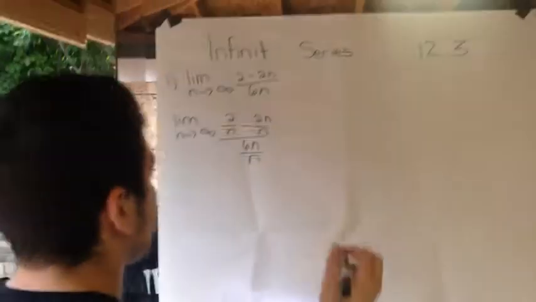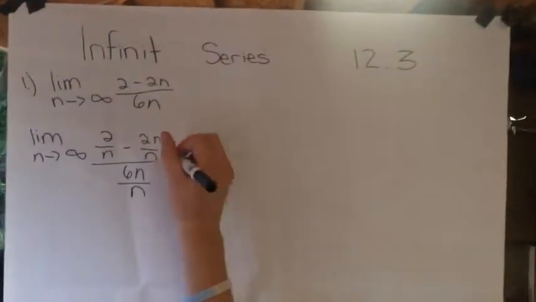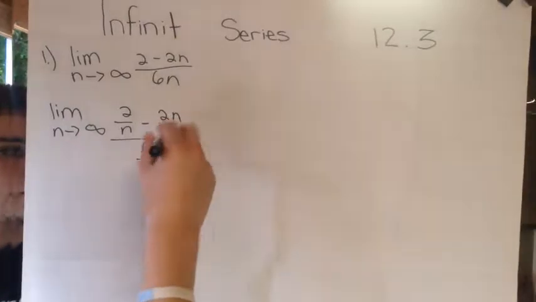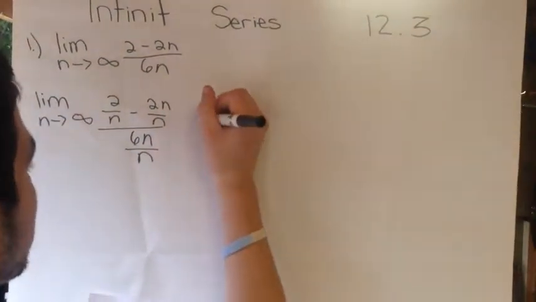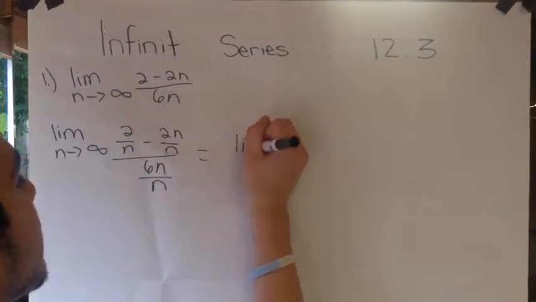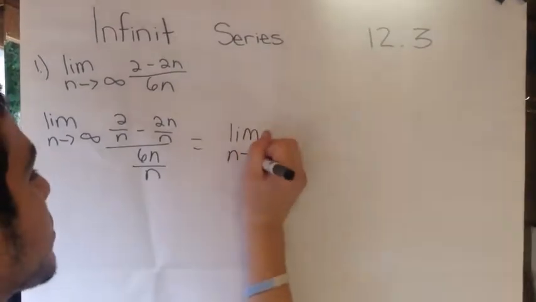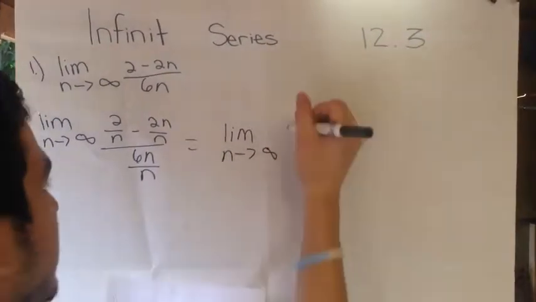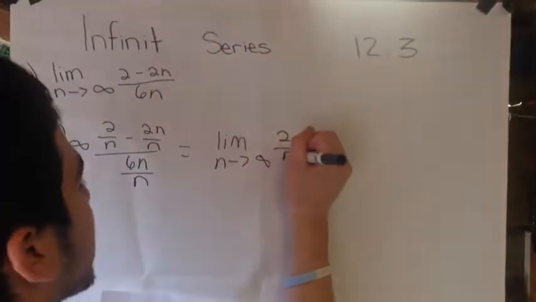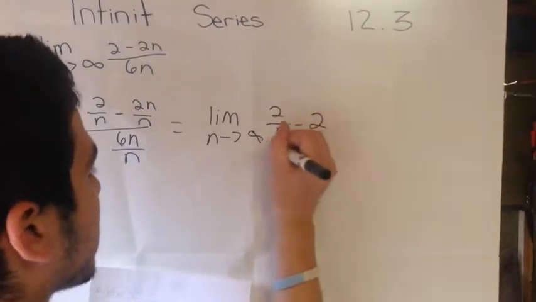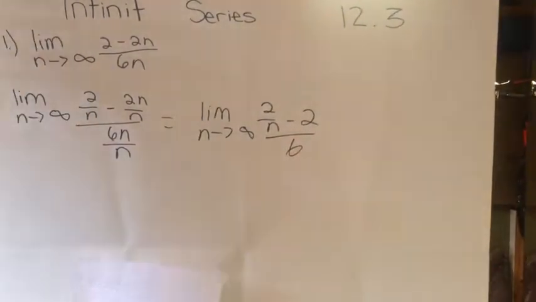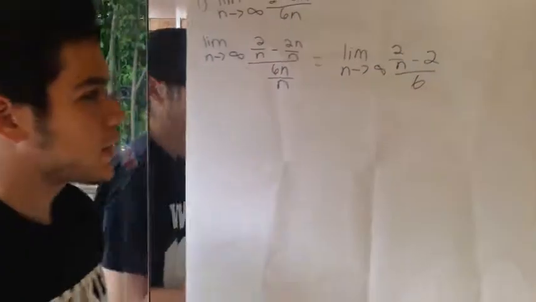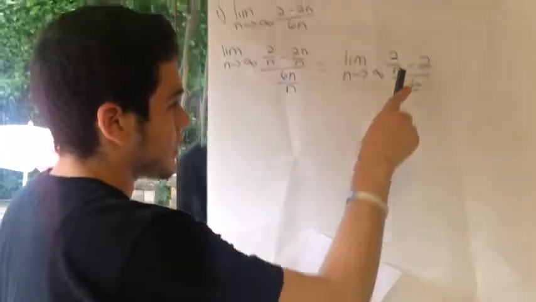Okay, what you do next is cancel all the n's. So this will be equal to the limit as n approaches infinity of 2 over n minus 2 over 6. Now we're going to break these up.